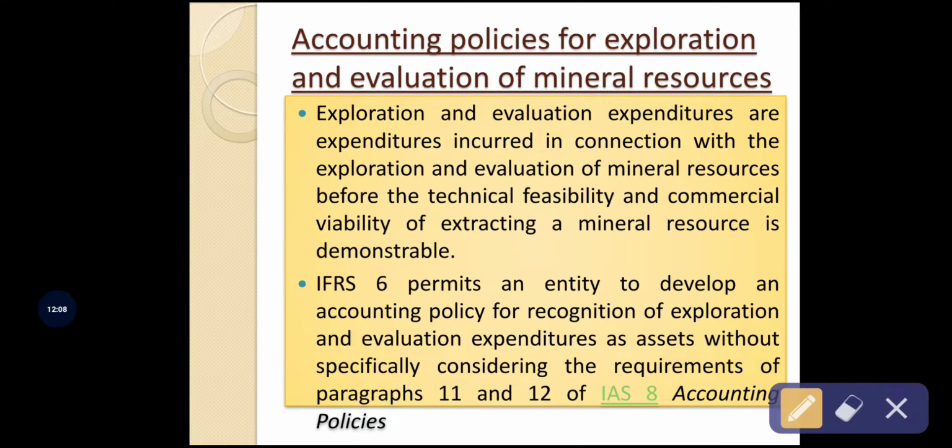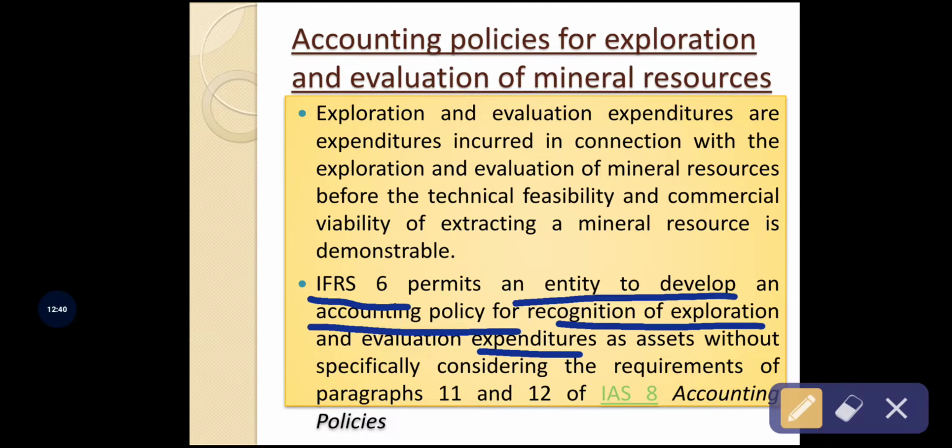So the second accounting policy states that IFRS 6 gives permission to business organizations and various entities to develop the related accounting policies, which are ultimately helpful to recognize the expenditure incurred for the exploration and evaluation by the company.